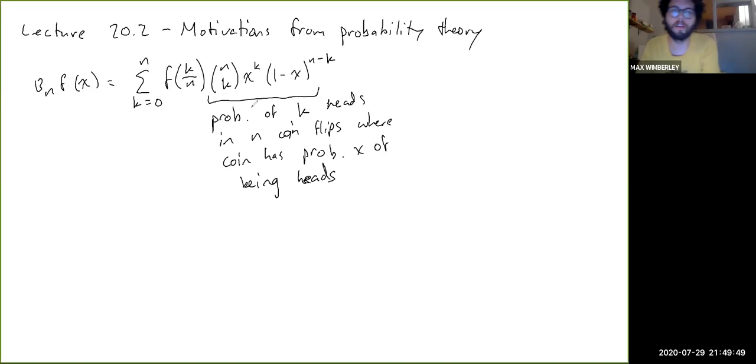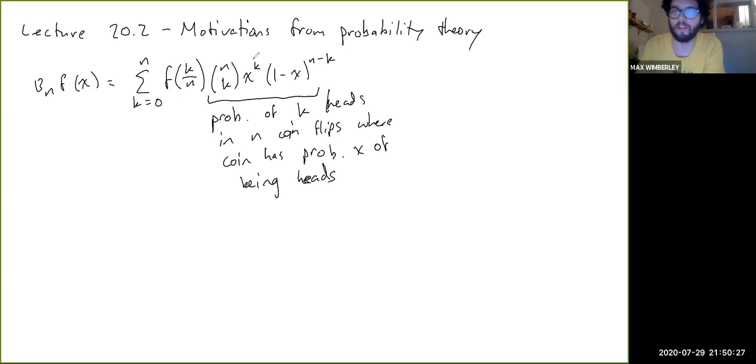The reason is that if you write down a specific string of n results, each one heads or tails, then the probability of that specific string is x to however many heads there are times 1 minus x to however many tails there are. But if you're only interested in the total number of heads, you add up those probabilities over all the ways to get a specific number of heads.